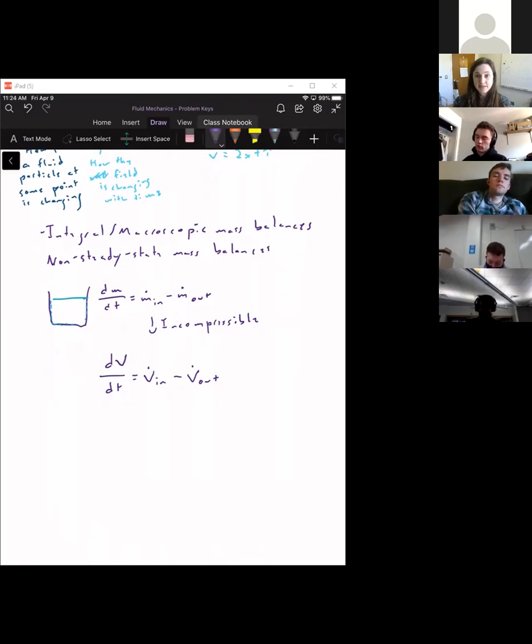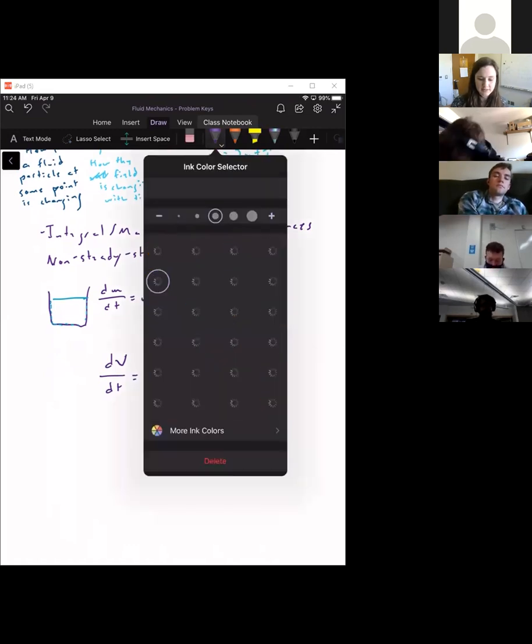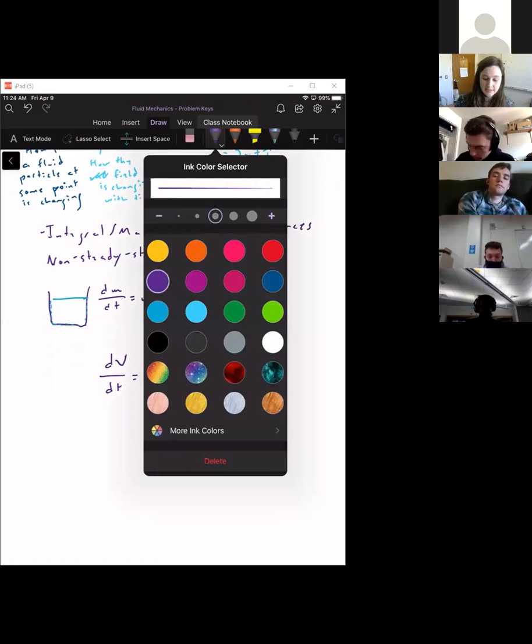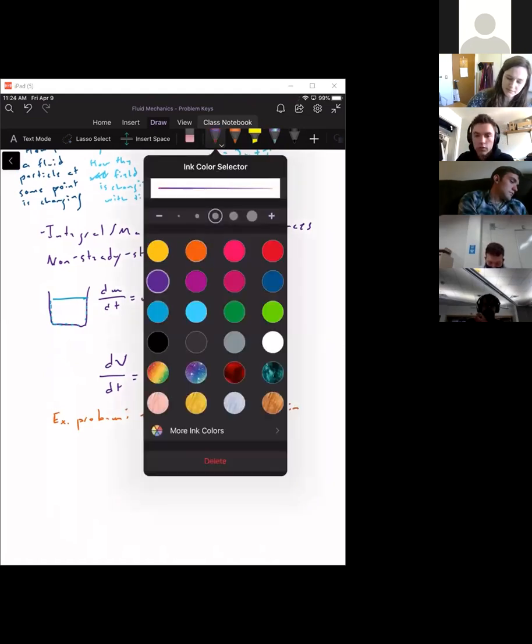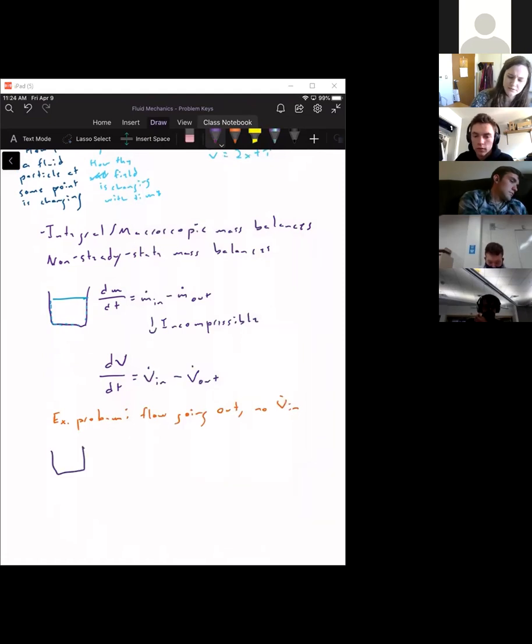So what would be the next step, by the way? Let's take the example problem we did. There is this tank, and there was no flow going in and there was some going out like this.